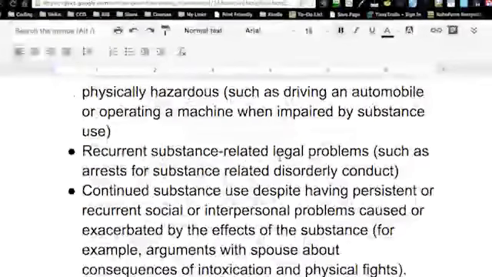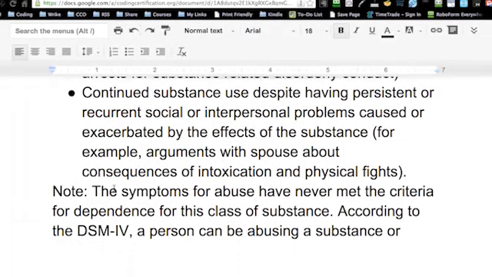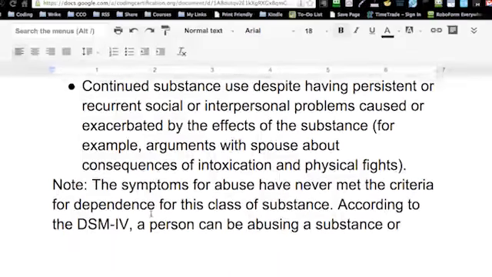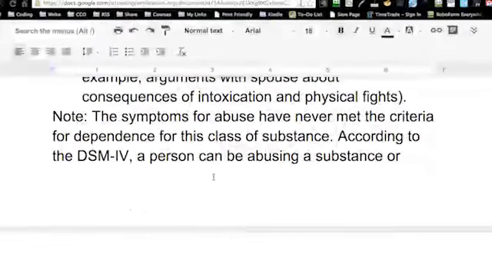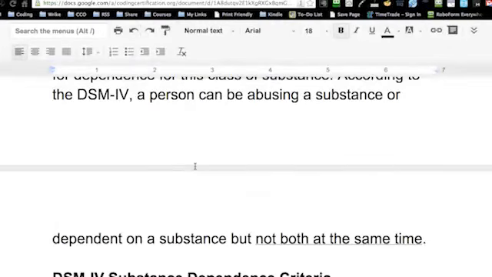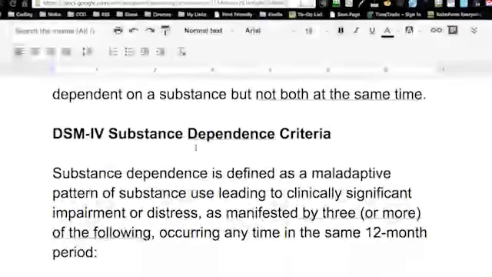Recurrent substance-related legal problems. Continued substance use despite having persistent or recurrent social or interpersonal problems. And they have a note here that the symptoms for abuse have never met the criteria for dependence. So if they've ever met the criteria for dependence, then that's what you should use. Now, according to this DSM-4, a person can be abusing a substance or dependent on a substance, but not both at the same time. And that makes sense.